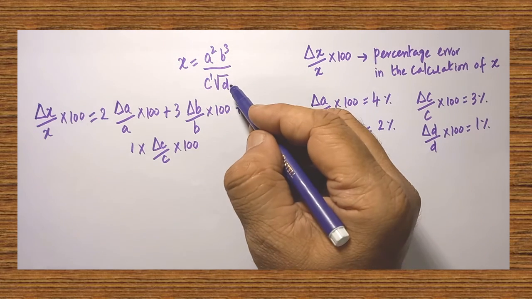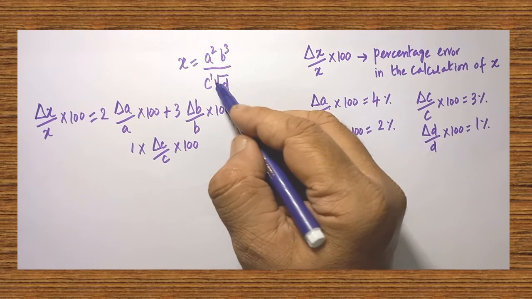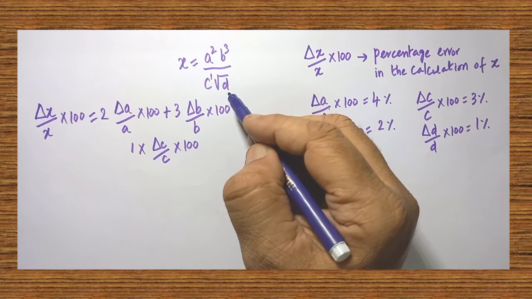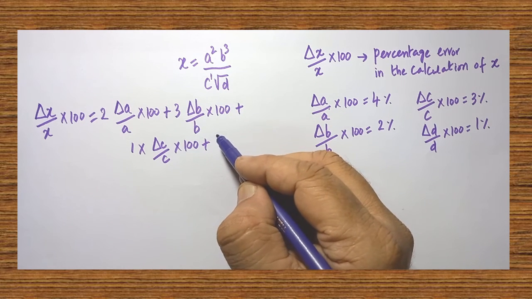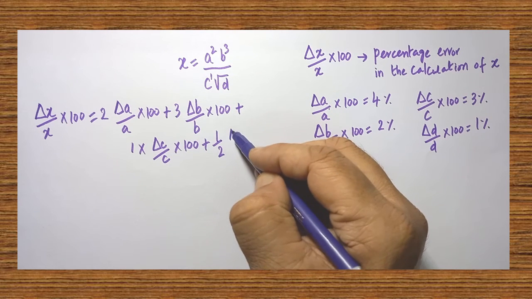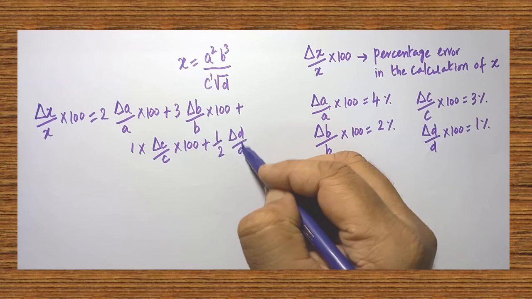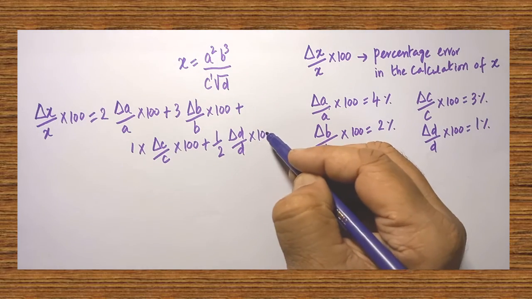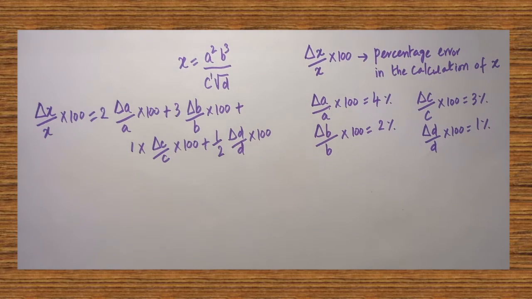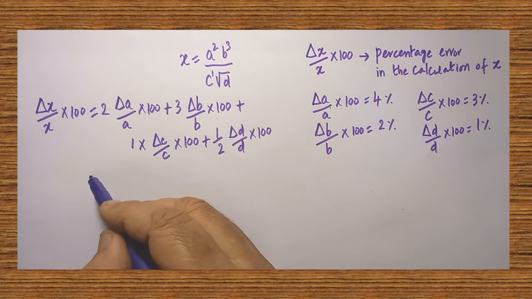After writing this, here D is there, but it is written within the square root. Square root of D is nothing but D power of half. Therefore, instead of square root, I can write half del D divided by D into 100. So, as per the rule, I have written the equation.